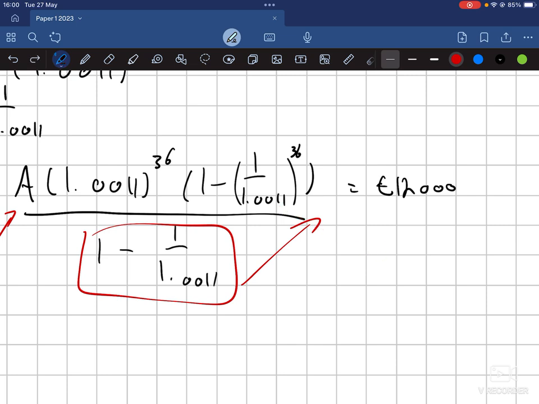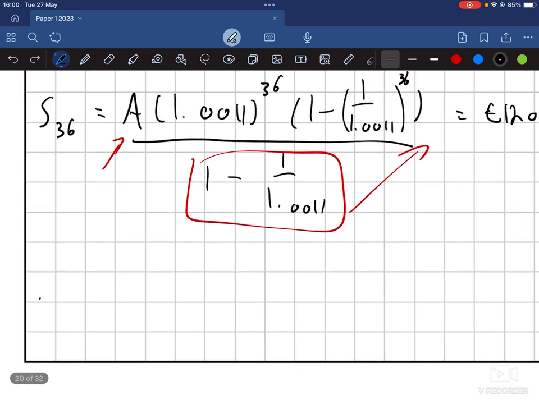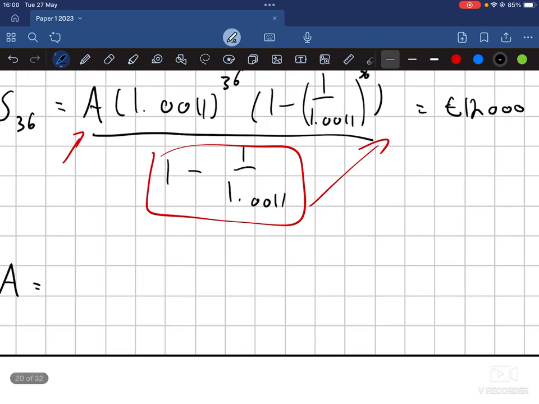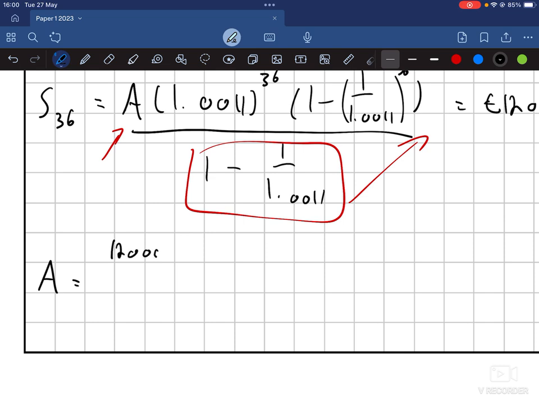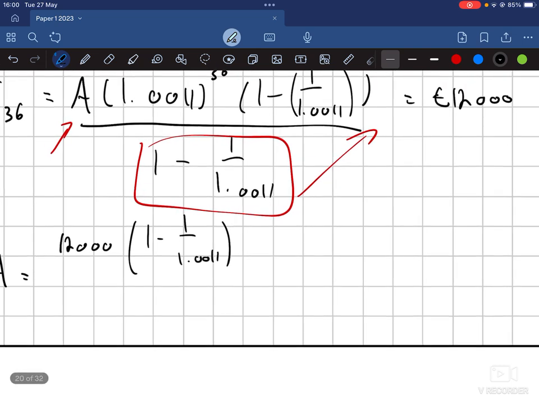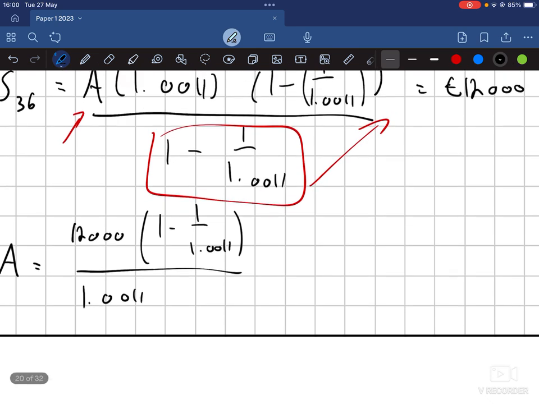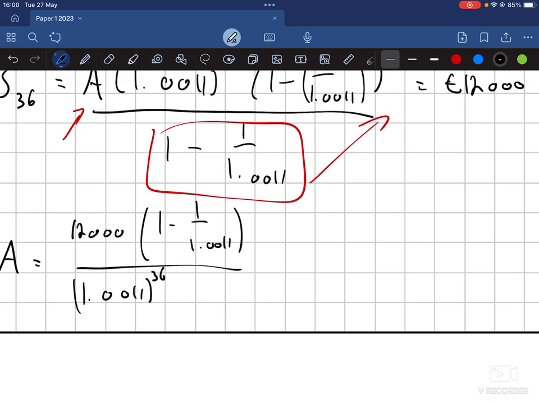And then I'm going to rearrange it very quickly, and I'll just show what you should put into your calculator. So we should write A is equal to 12,000. Then it's going to be multiplied by this here, which is our denominator. And then it's going to be divided by 1.0011 to the power of 36.